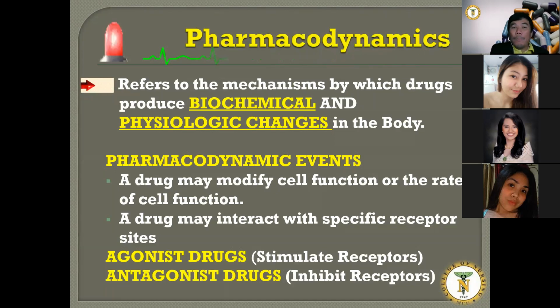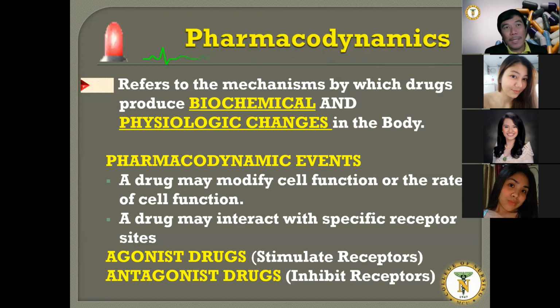Now, when it comes to the pharmacodynamic events, I have already introduced to you kung ano yung mga receptors. Yung beta receptors, histamine receptors, those are the common receptors that I have already introduced to you. Meron pa nga po alpha receptors. Ang mga alpha receptors naman, the action nito ay sa blood vessels.